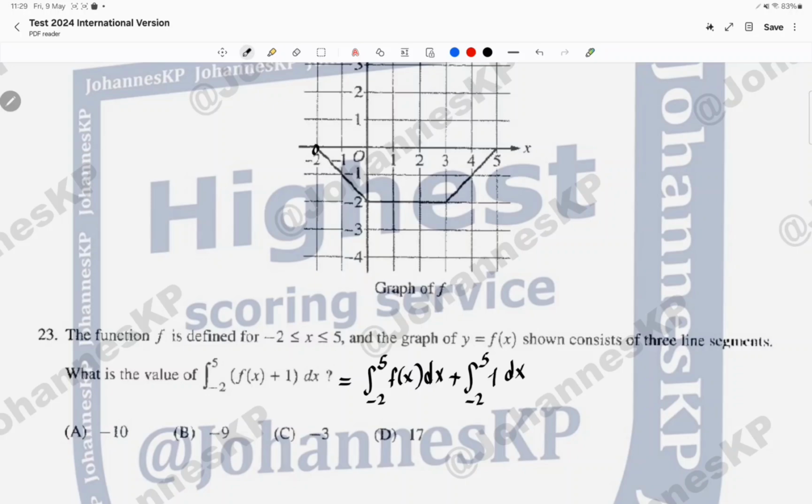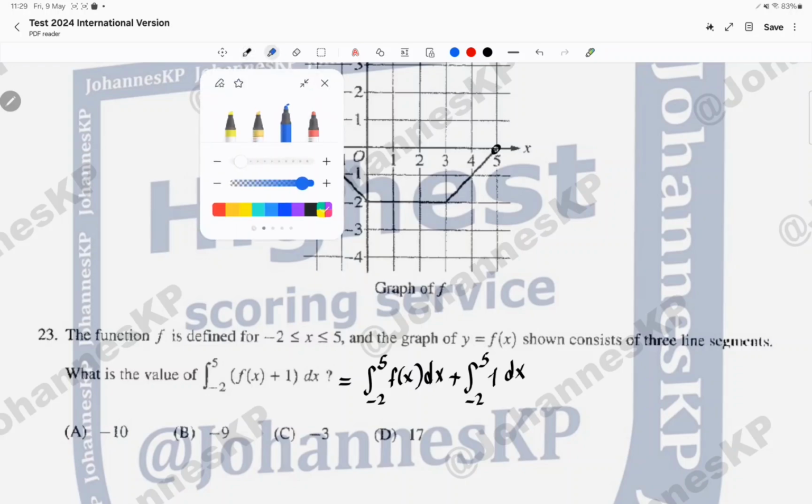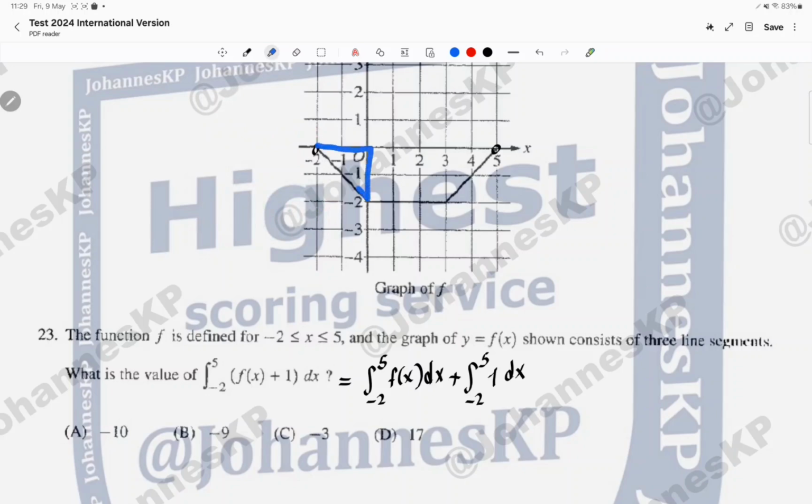From -2 to 5, what is my area, essentially? It's a triangle, a rectangle, and one more triangle, correct? Yes. So this is going to be negative half. See, it's negative because I'm under the x-axis. Times the base, which is 2, times the height, which is 2.